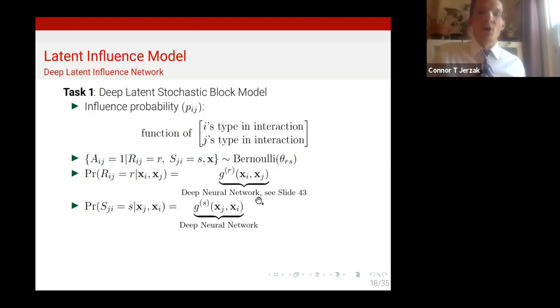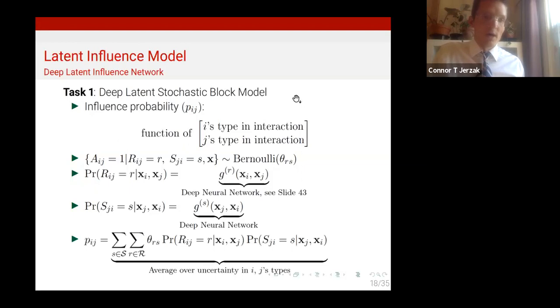So we'll be using a neural network architecture for taking information about the covariates and translating that into these probabilities. We'll use this architecture in particular since it can approximate any continuous function, and there's also some recent work about how neural networks trained using gradient descent can arrive at global optimizers. So there are some nice theoretical properties here, which we'll try to exploit in addition to the properties of the stochastic block model.